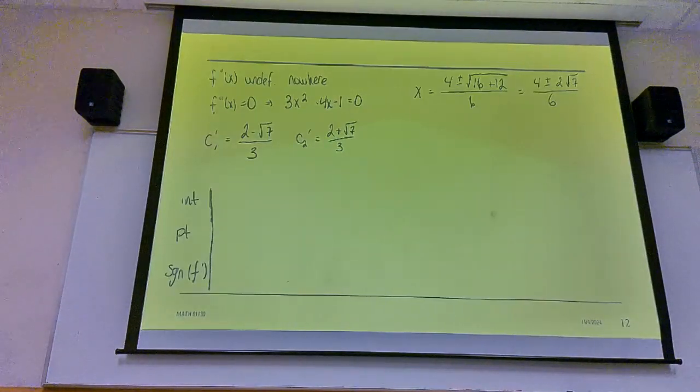So start with the sign table for f prime. How many critical points did we have? What were they? What was the domain of f? Split the domain at the critical points.